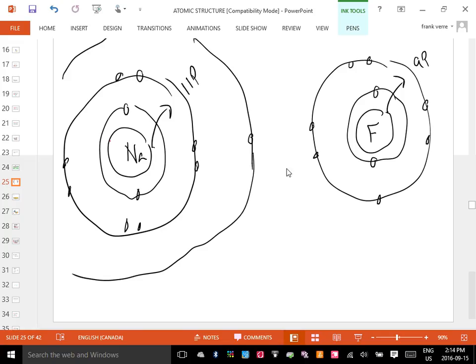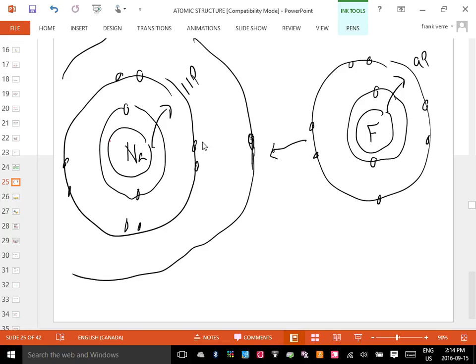So, when these atoms come close together, so if I was to move fluorine towards sodium to make sodium fluoride, think about this electron. Would it be more attracted to sodium or fluorine?